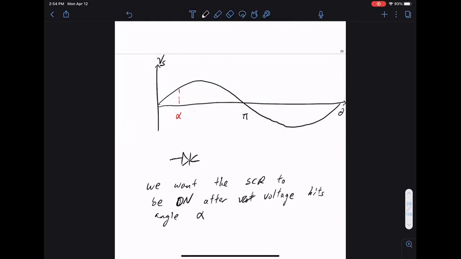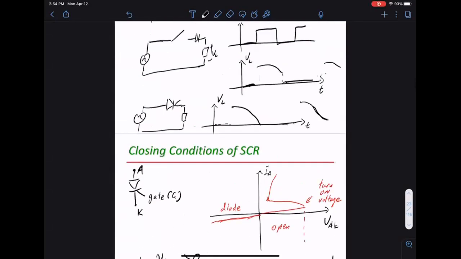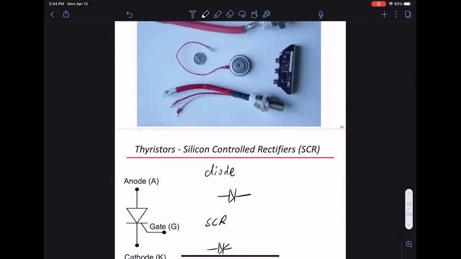For example, we can say alpha is 30 degrees or pi over 4. So we want to wait a little bit until this thing turns on. SCR is silicon controlled rectifier.